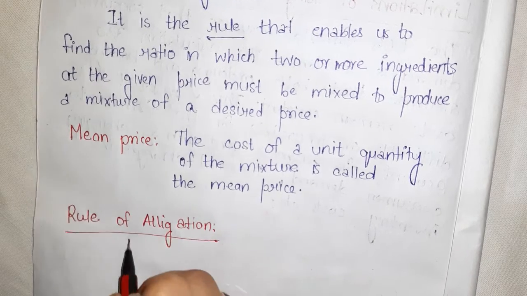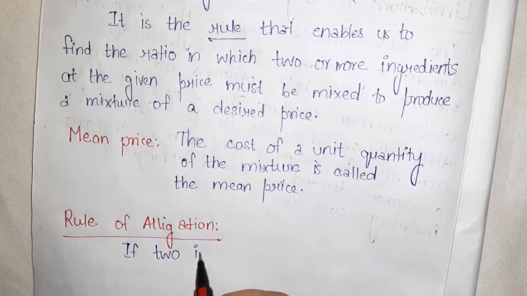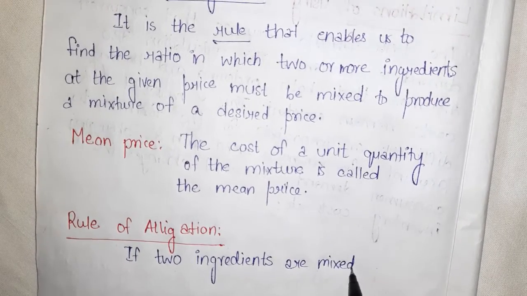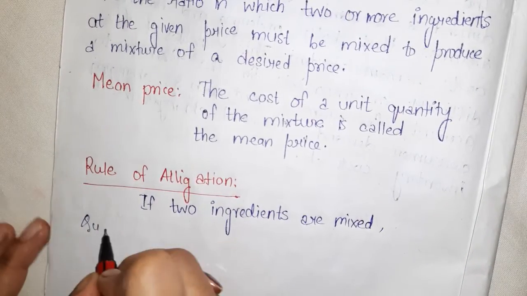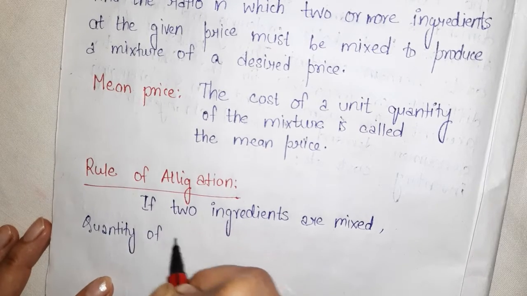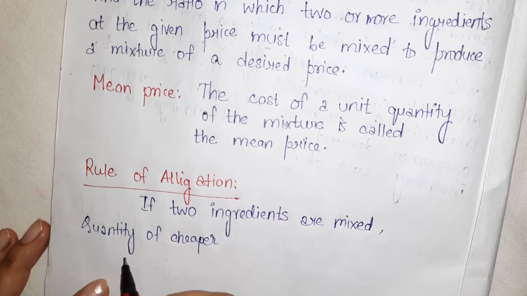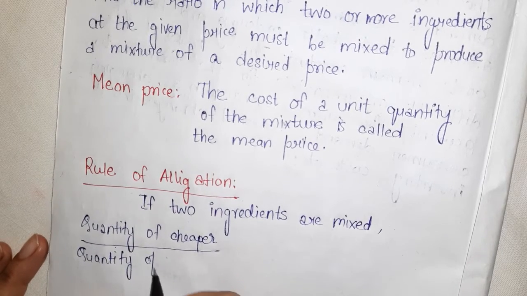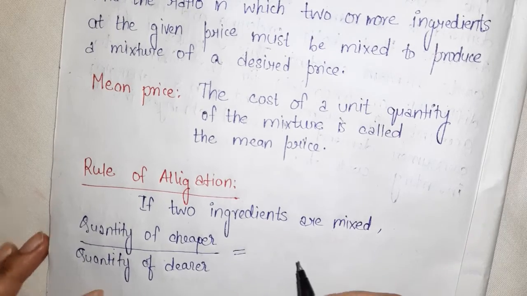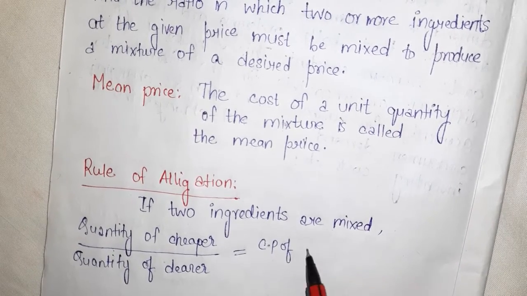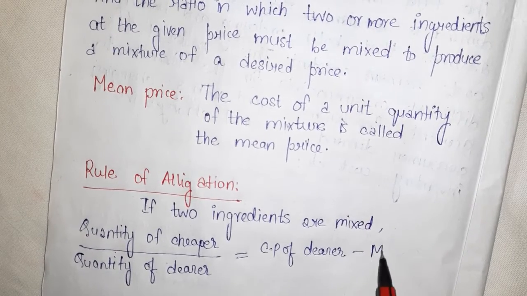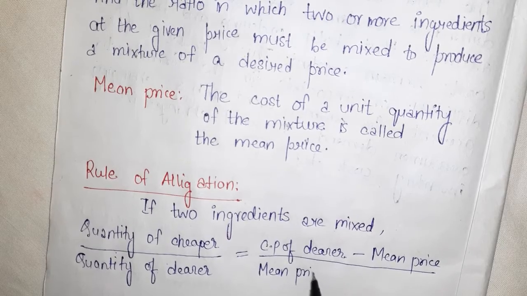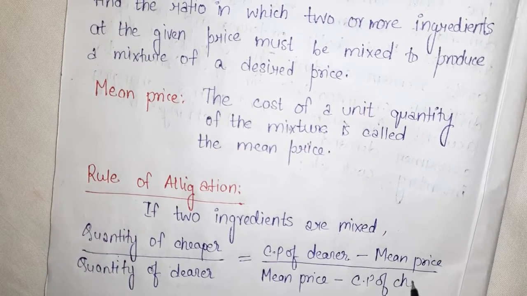So if two ingredients are mixed, then quantity of cheaper one, which is low price, divided by quantity of dearer, which is of high cost, is equal to cost price of dearer minus mean price, divided by mean price minus cost price of cheaper.